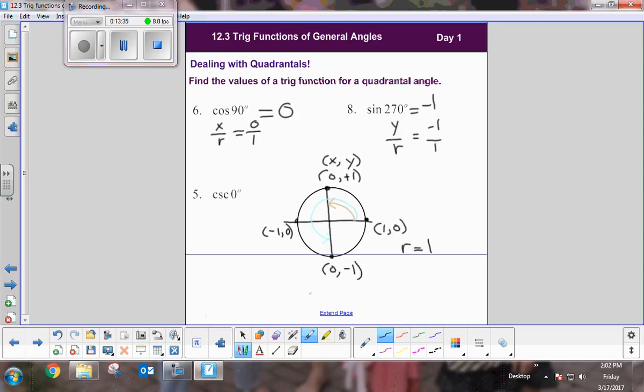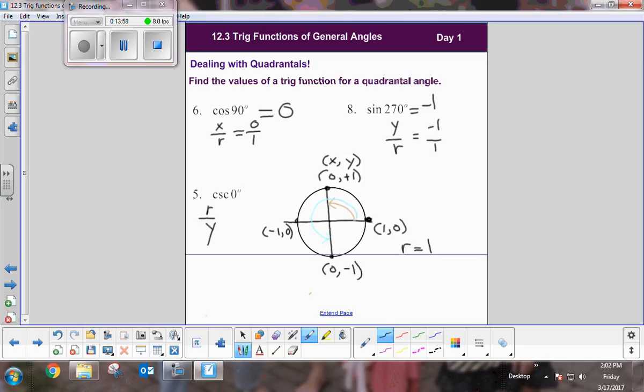Okay, how about the cosecant? The cosecant is the reciprocal of the sine. So instead of being y over r, it's r over y. And at 0 degrees, I haven't moved any place.